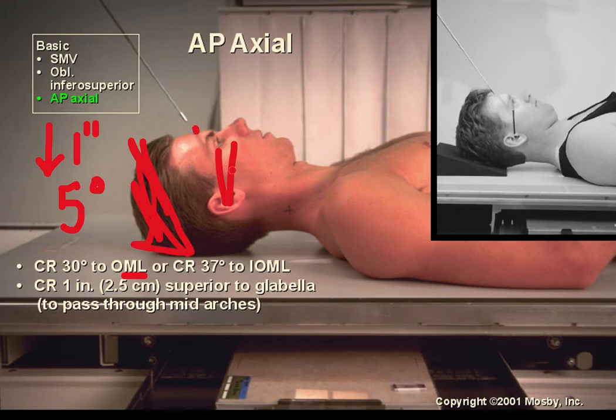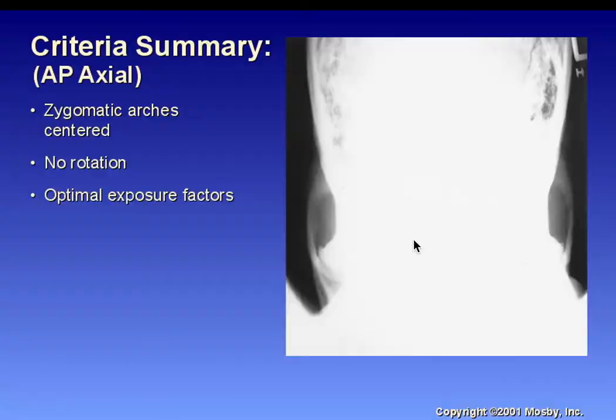Central ray comes down, and it's passing through the mid-arches, okay, of your zygomatic arch. So zygomatic arch is centered for the AP axial, no rotation, optimal exposure factors. So this is almost like a Townes, but it's a lower technique, and you are going to view both of your zygomatic arches really, really well, okay? So low technique.